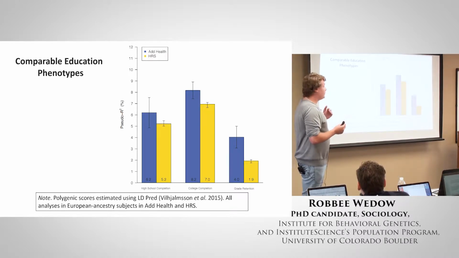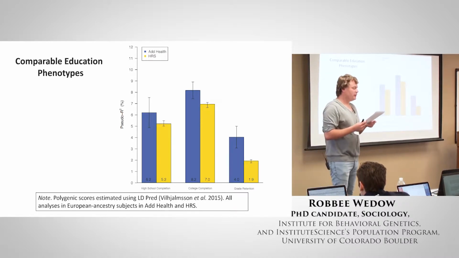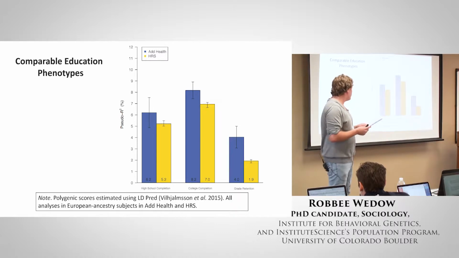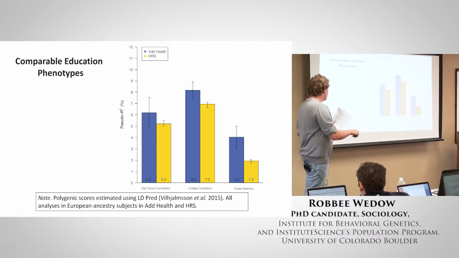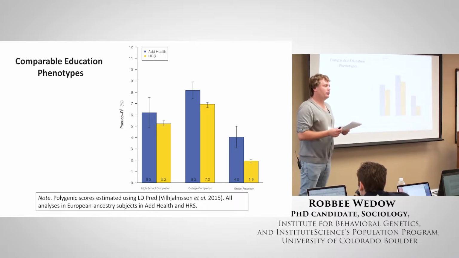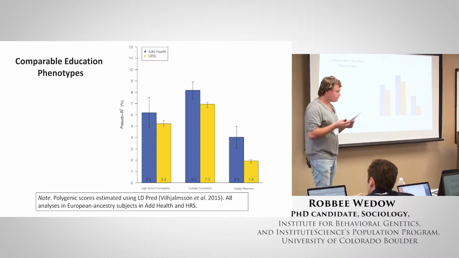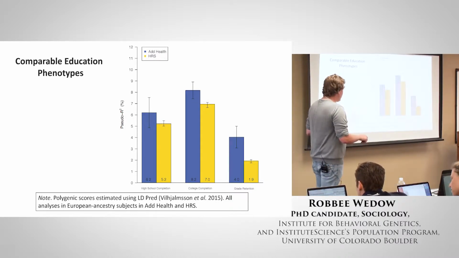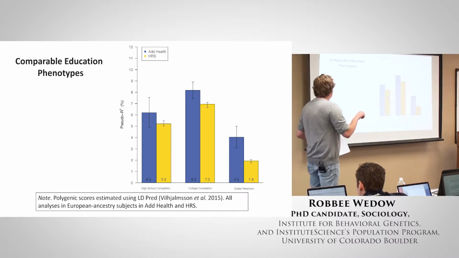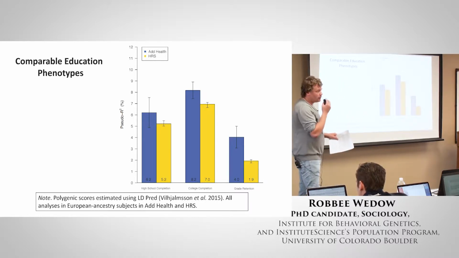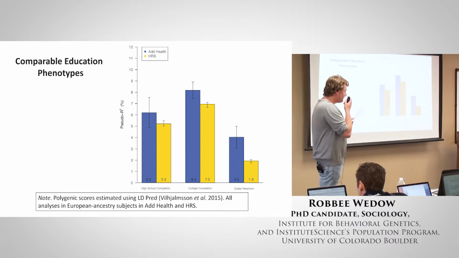So here we considered 3 indicator variables related to educational attainment. The first one was high school completion, the second one was college completion, and the third one was grade retention, which is an indicator variable for whether a respondent had ever repeated a grade or not.